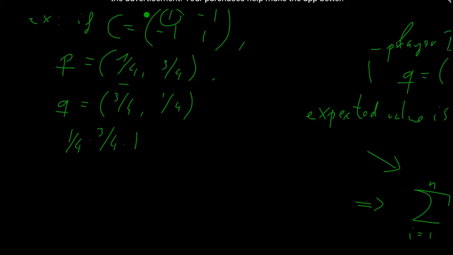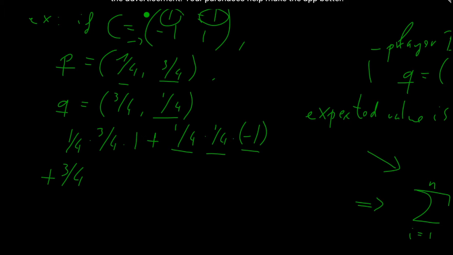So we have 3/16 probability of having the value of 1, plus 1/4 times 1/4 times -1, because that's the probability for choosing the first row, that's the probability of choosing the second column, and here we have this -1 there, plus the same for the second row, which is governed by this 3/4 times 3/4, so it's just the first column times -1, plus the last one is just 3/4 times 1/4 times 1.